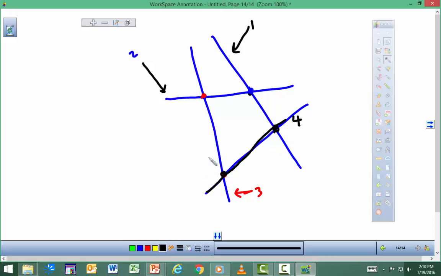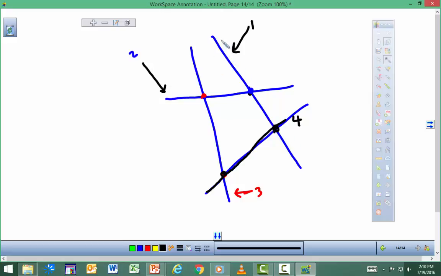So in this diagram, there's 4 transversals and there's a whole bunch of angles. Once you have a diagram of multiple transversals, things can get a lot more confusing. And so you got to keep track with respect to whichever transversal you're dealing with.